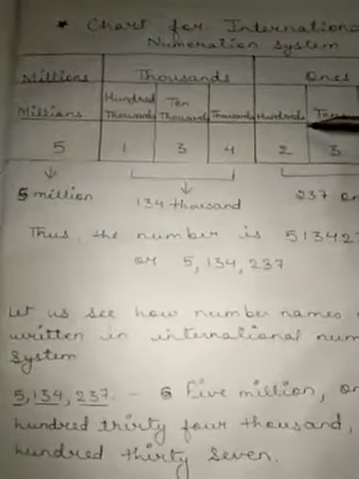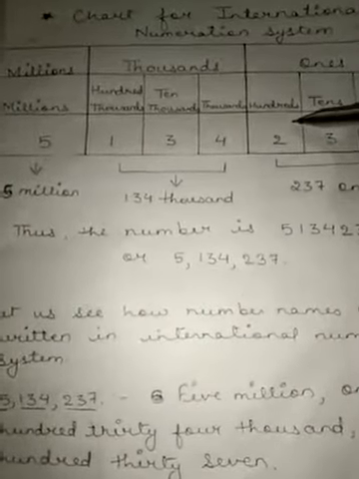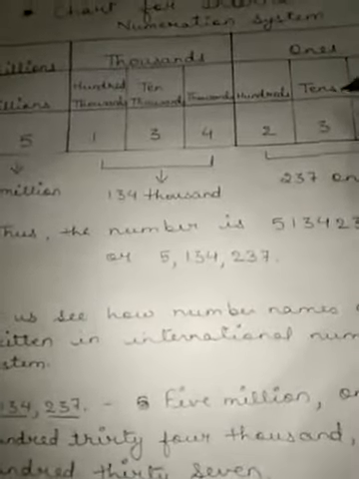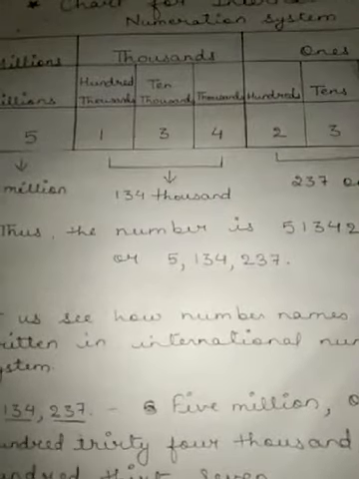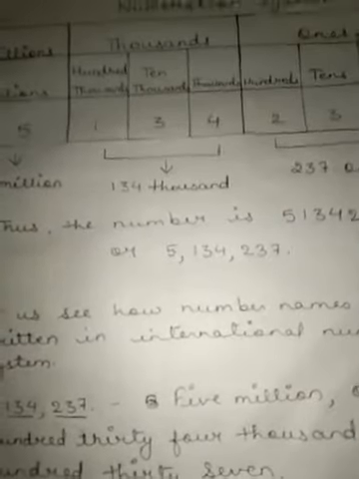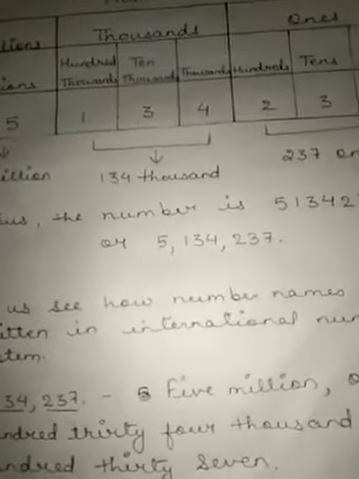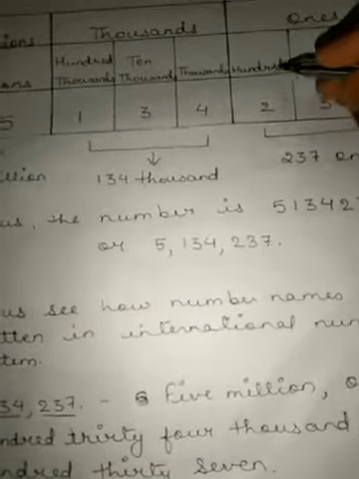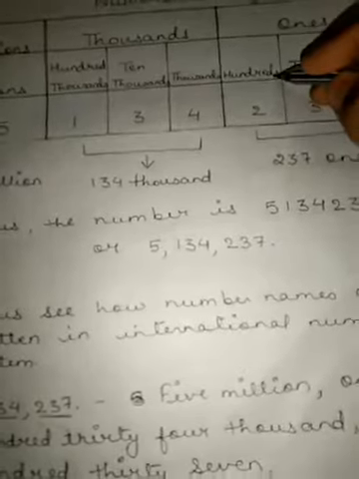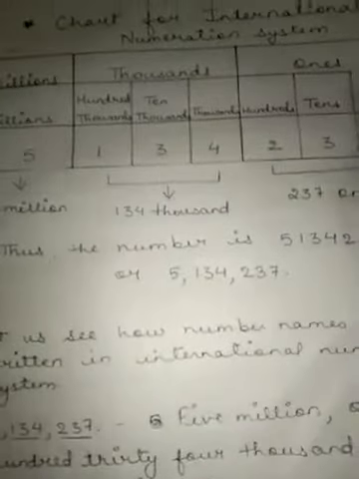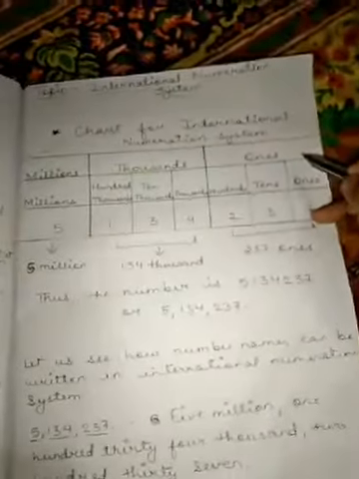Now in ones, thousands, and millions, they are divided into other parts also. As we can see here, ones is divided into ones, tens, and hundreds. These are also called periods. We have discussed periods in our previous classes.